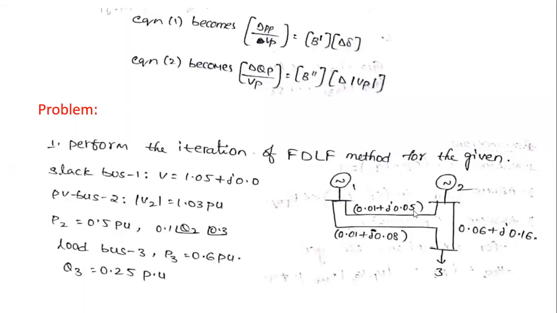Bus 1 is taken as the slack bus, which means the voltage V is equal to 1.05 plus j0.